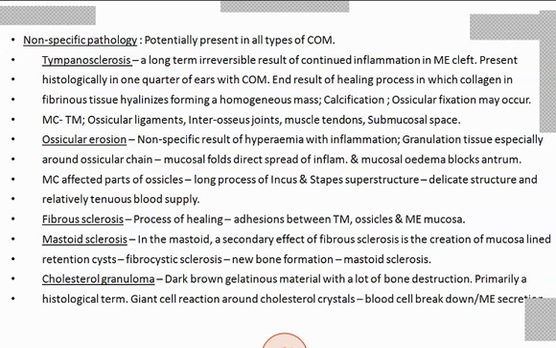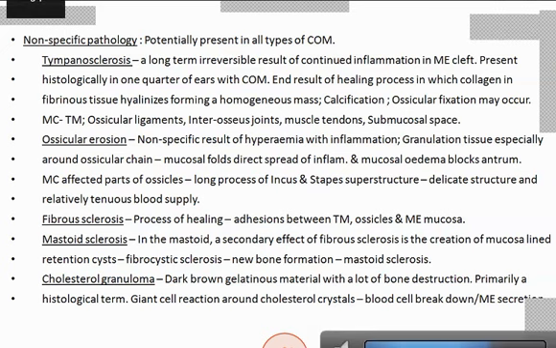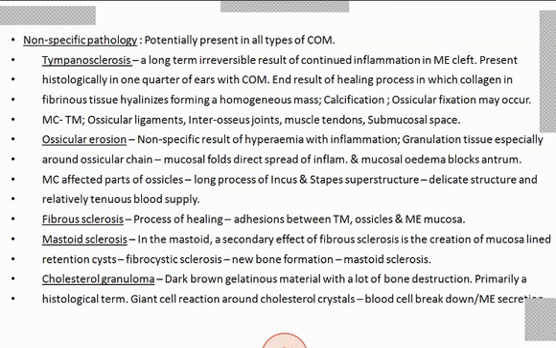Histologically, giant cell reactions are observed around cholesterol crystals. These cholesterol crystals are not pathological, but they are secondary to breakdown of blood cells in the middle ear. Or one theory states that this is active middle ear secretion. But usually, the origin of these cholesterol crystals is thought to be blood cell breakdown. This will cause inflammation around it, and they may cause erosion of the bone structures.